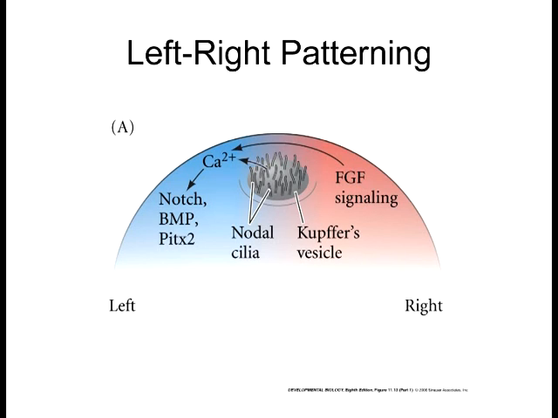And so this creates a distribution of different genes on one side or another, and that's one of the things they found that will start the left-right patterning: these ciliated cells rotate in a counterclockwise fashion and push molecules to one side that will then begin that patterning. Pretty fascinating.